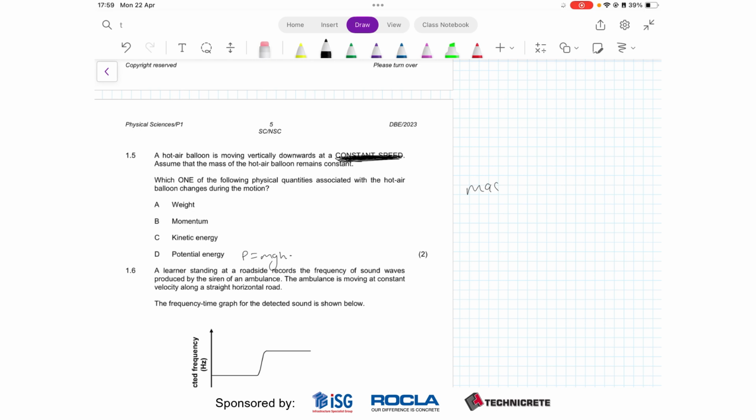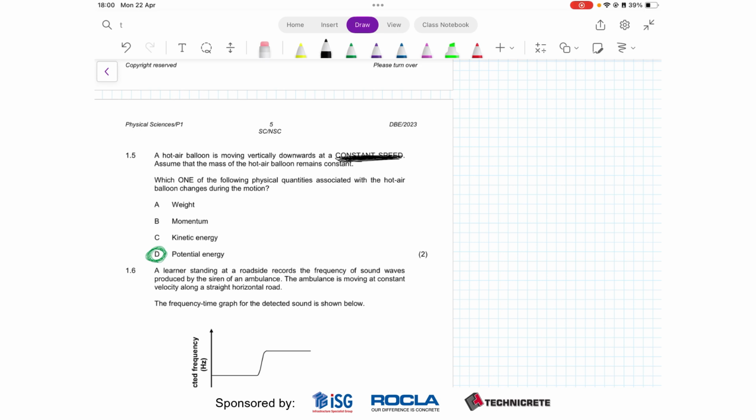I'm sorry, I wrote that as mgh for the weight, but the weight is just mg, the mass times the gravitational force. The weight is a physical quantity, though it is not dependent on height. Therefore, your only option that you are left with is D, the potential energy.